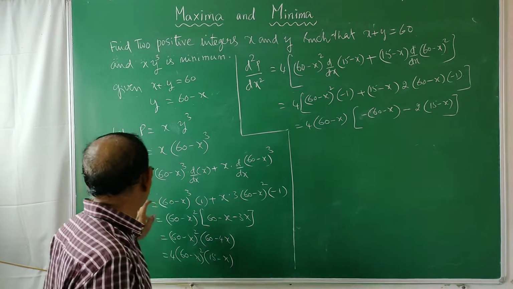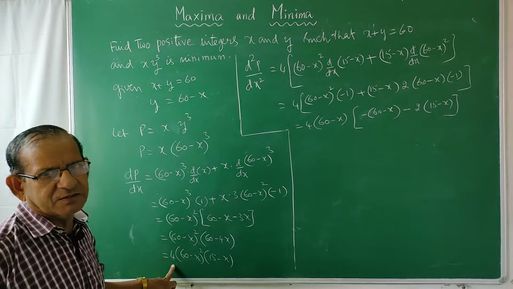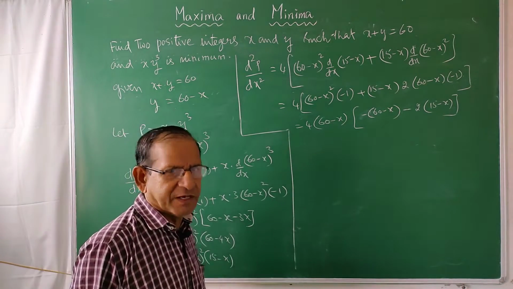Now let us take the first derivative equal to 0 to get the stationary values, where the function is having either a minimum or maximum.